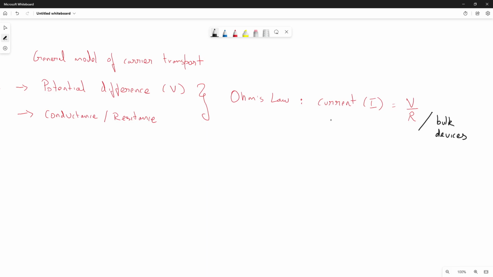So when we are moving from bulk devices to nanoscale devices, which is what we are discussing in this course in general, what changes? Bulk devices are typically called macroscopic devices.